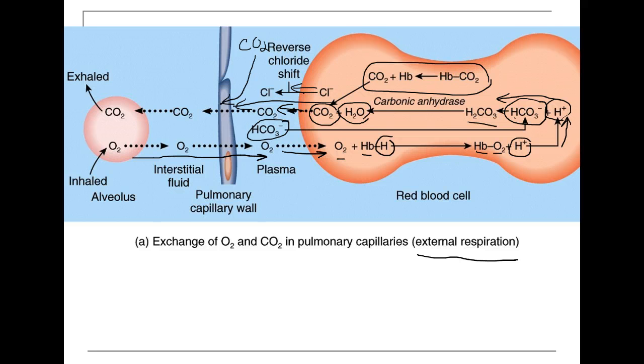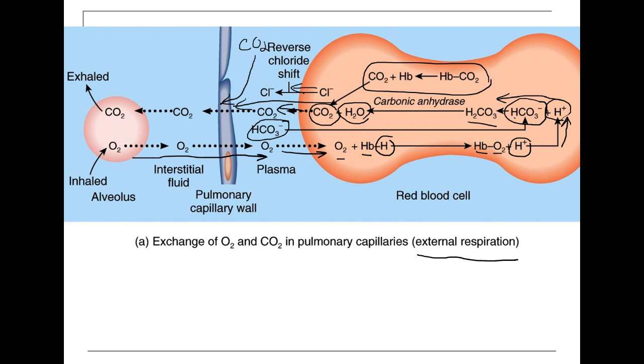But in reality, take a look at this. This is one long chemical reaction with many that are hooked in together. So the act of taking in oxygen is linked with your ability to offload carbon dioxide at the lungs.